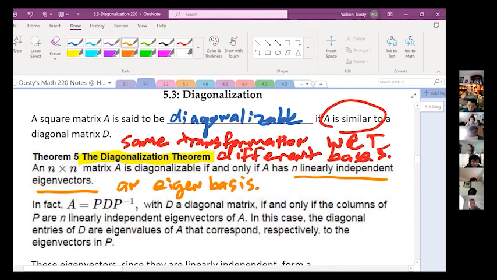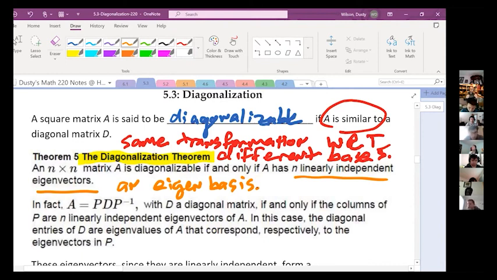One way you can see this is if you have n distinct eigenvalues, then you know there are going to be n linearly independent eigenvectors, and since there will be n linearly independent vectors, you have an eigenbasis, and so it's diagonalizable. So if you have n distinct eigenvalues, it's a done deal.